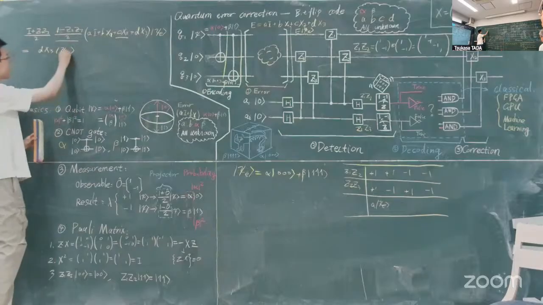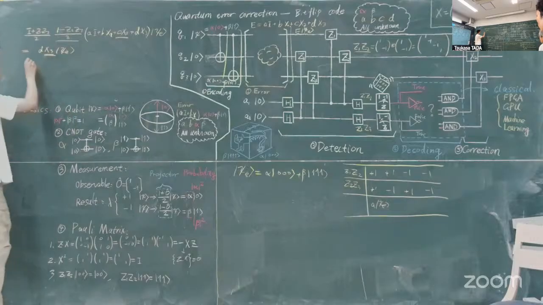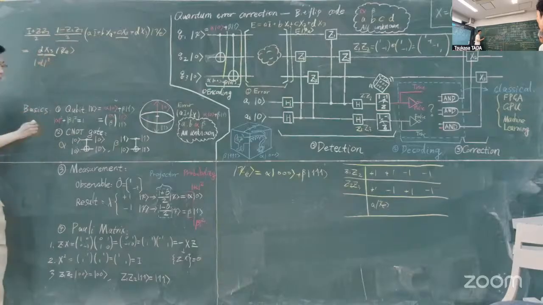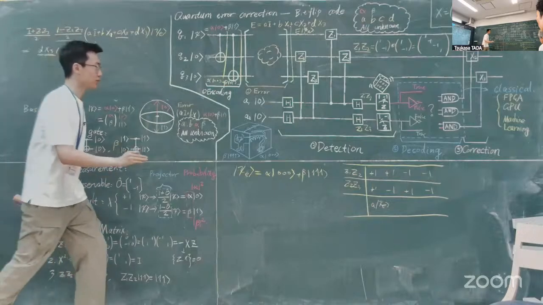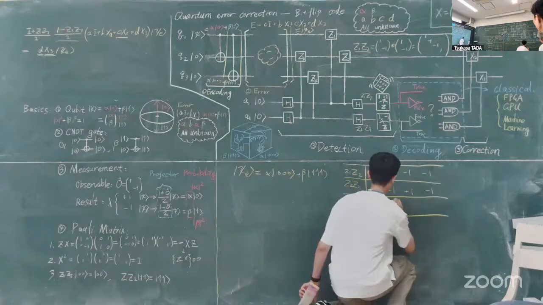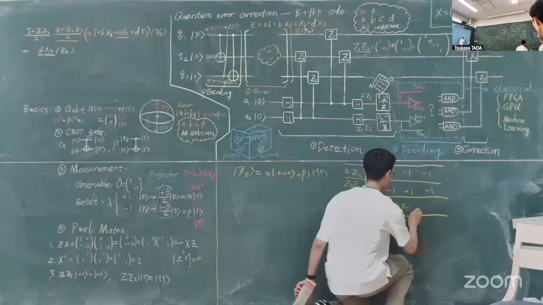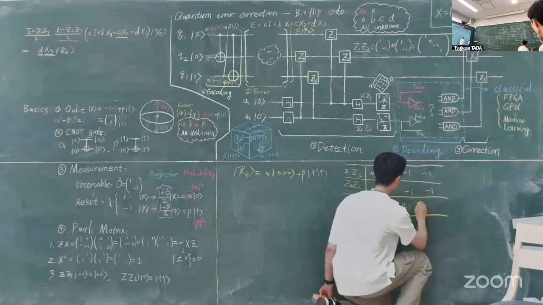So we will see that there will only be a very simple x3 noise, x3 error, and the corresponding amplitude is b squared, which is the probability of deriving this x3 error. So the corresponding state is b x3 psi e.